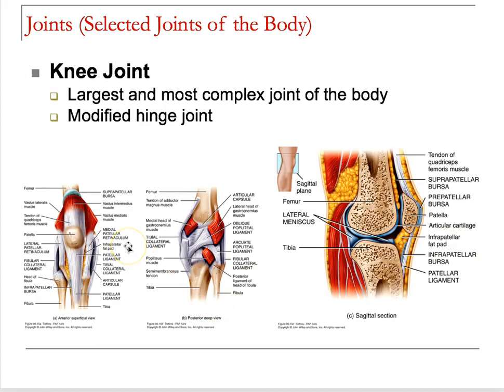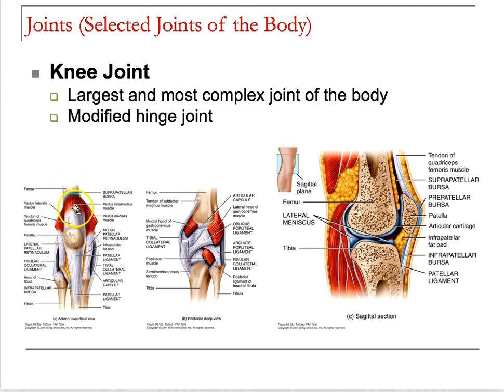In the knee joint, historically speaking, we've had students draw for years in this class because here's the femur and here's the tibia, and depending on which way you cut it, you can see that you have specific layers of ligaments and tendons holding this in place. Here's the femur and this is a muscle, this is the tendon of the quadriceps femoris, right?